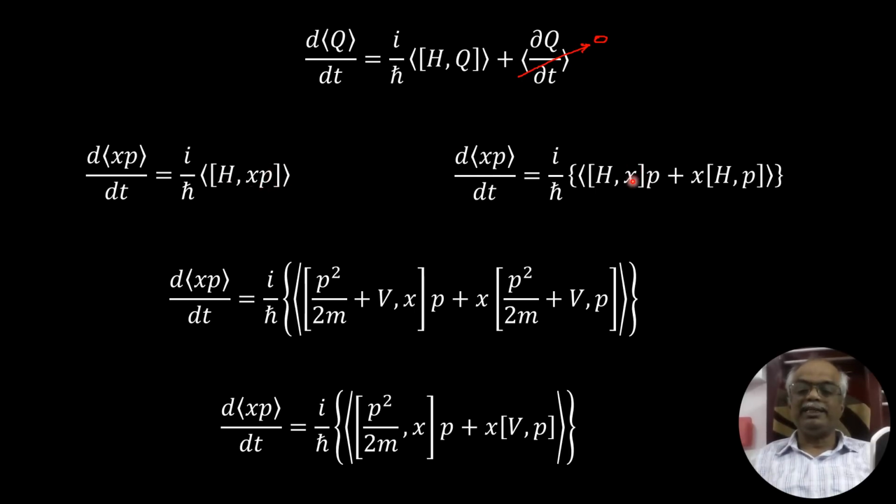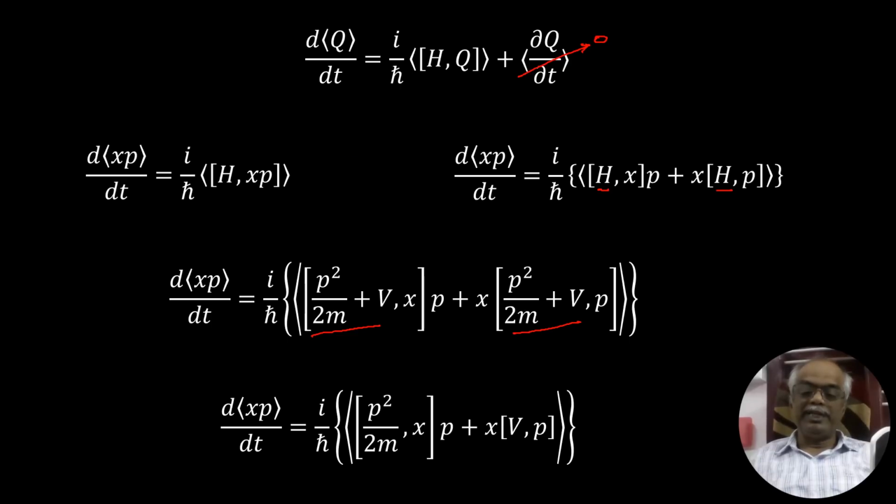First, you take the right-hand side operator to the right, then the commutator becomes the commutator of the Hamiltonian with x, multiplied by p. Similarly, the left-hand side operator you take to the left, so x times the commutator of the Hamiltonian with p. Here you replace the Hamiltonian by p squared over 2m plus V, kinetic energy plus potential energy, in both places.